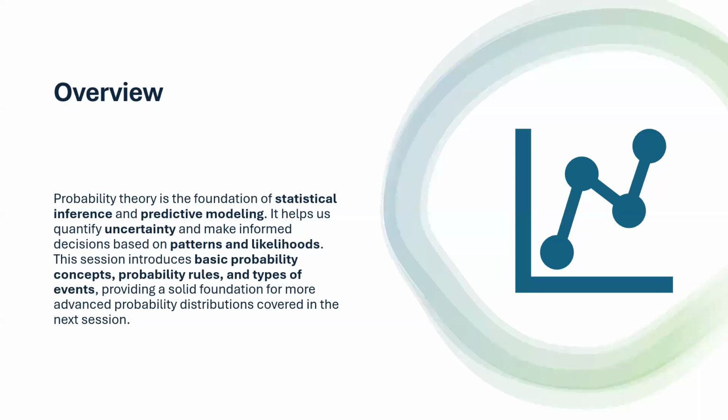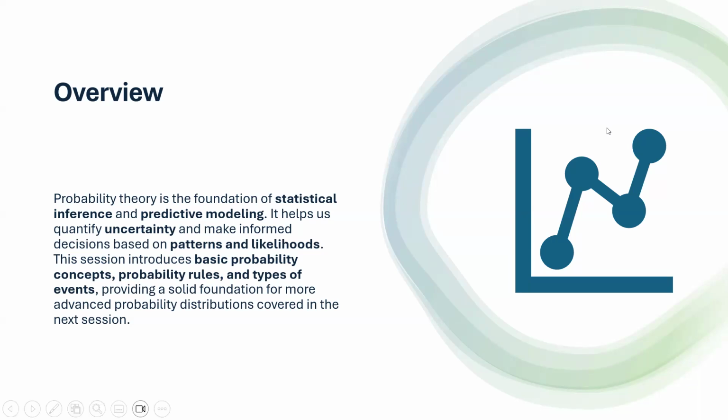That's why we will cover all the required things in probability. You may be aware of some of the concepts because it's not new. It's all the basics. It helps you quantify uncertainty and make informed decisions based on patterns and likelihoods.